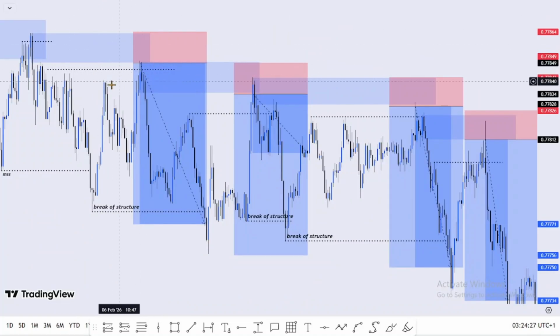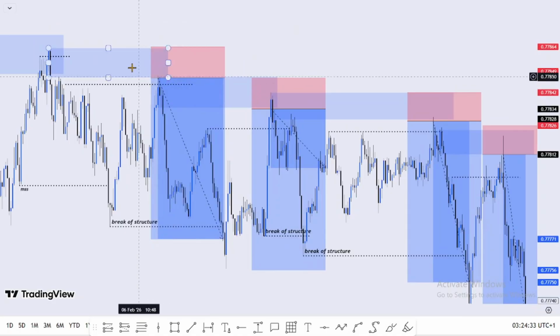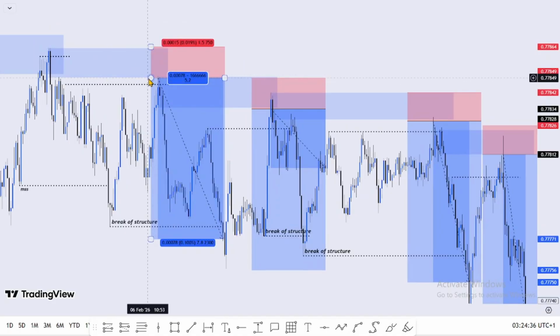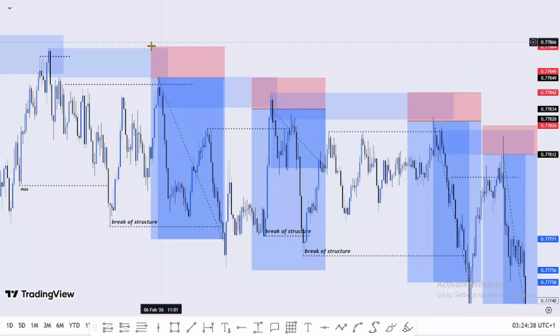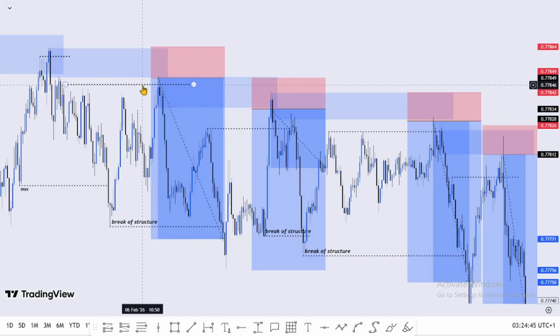If you see that the behavior price is showing as it retraces to that order block is not what we discussed, you can just wait for price to come back to your entry and cut your loss short. Or maybe you are waiting for a lower time frame entry and you see that the behavior is not what we discussed, you can just neglect the zone.